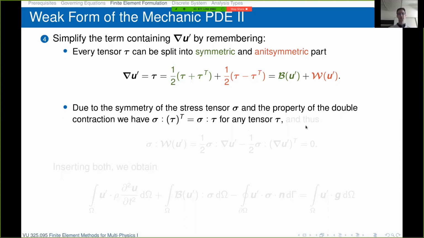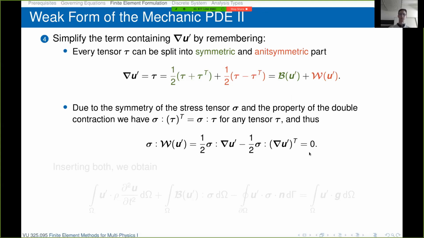And if we now insert our relation for W of u prime, so this would be the second term if we split the gradient u prime double contracted with the stress tensor, we can show using the above relation that this is actually 0.